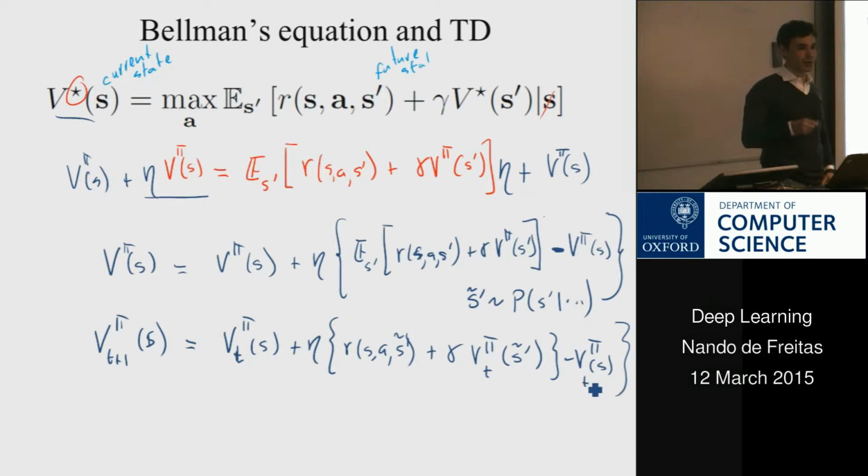So you're in current state S, you take action A according to your policy, and I haven't told you how to define the policy. I will do that in the next slide. But let's assume you have a policy, you take an action according to the policy, and you move to the next state. And then you need to recompute the value function.